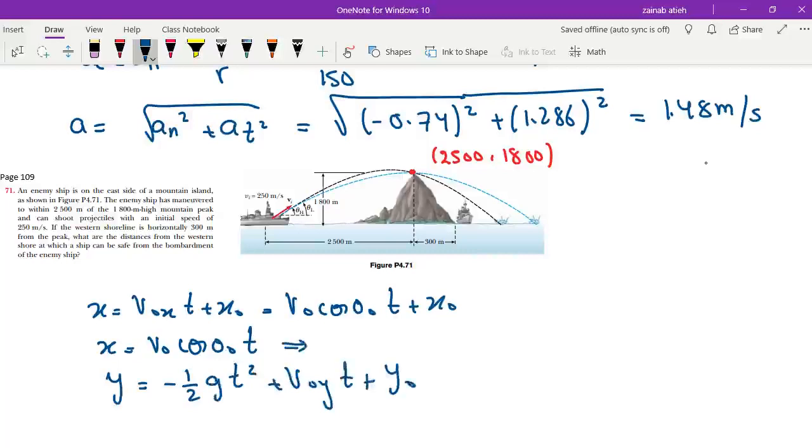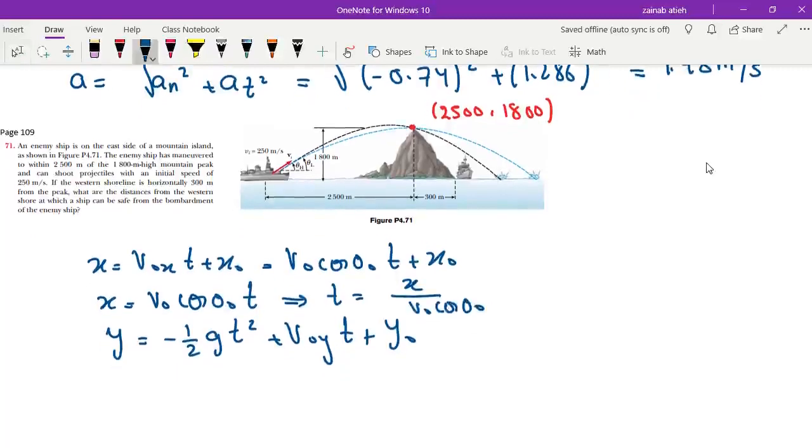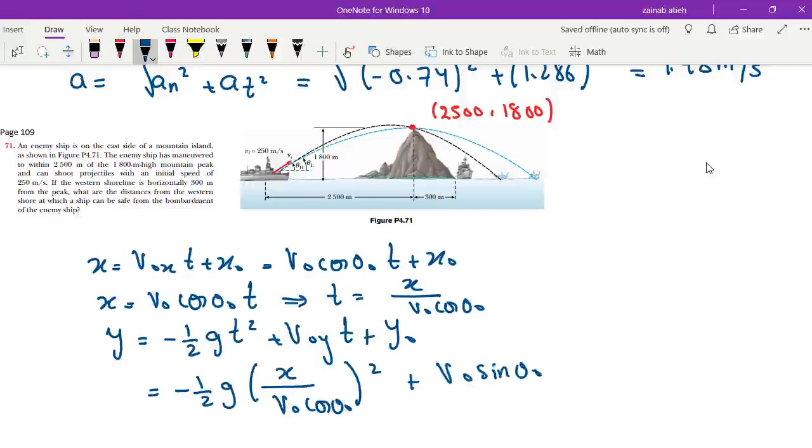Now here I will find t equal to x over v0 cosine theta 0, and substitute for t to find a relation between x and y independent of time. It's minus half g times x over v0 cosine theta 0 squared, plus v0y, which is v0 sine theta 0, times t, which is x over v0 cosine theta 0, plus y0 which is 0.